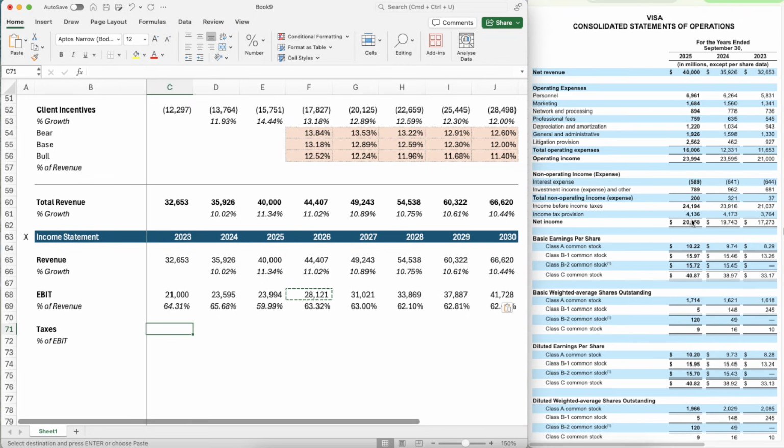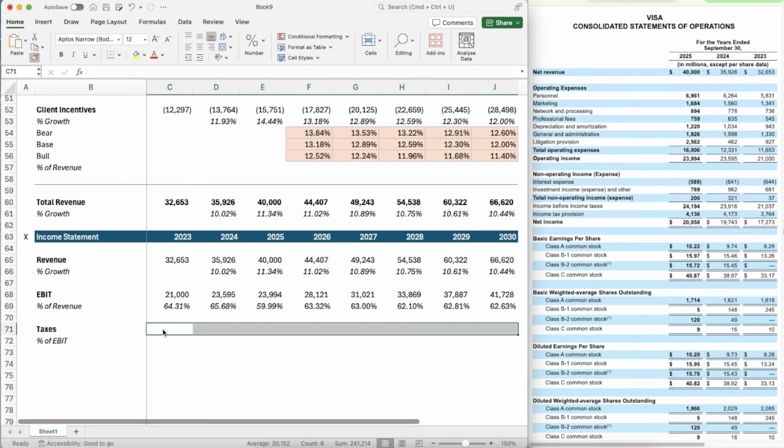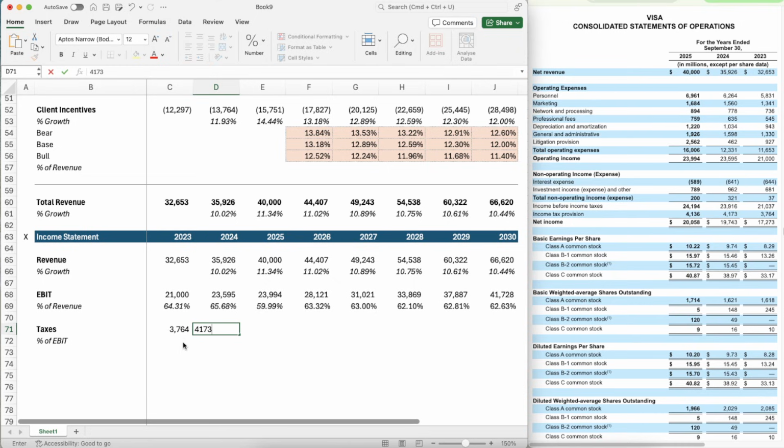Taxes, income tax provision. Use this line here correctly. 3764, 4173, 4136. We want to know what the tax rate is, the tax divided by the EBIT.